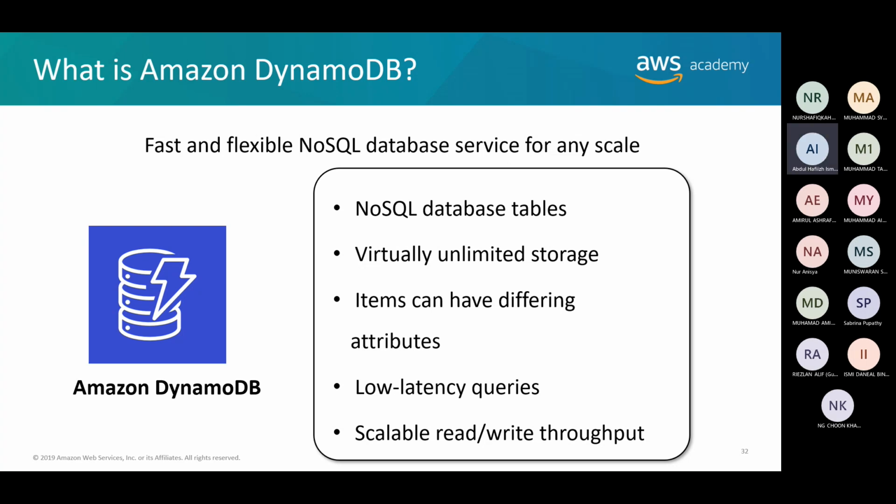Kenapa ini penting? Contohnya, kebanyakan apa yang jadi yang dekat enterprise atau di company is bila kita ada banyak data. Okay, bila kita ada banyak data, kadang-kadang kalau kita yang sendiri yang manage, especially relational RDS, conventional RDS, kita kena provide sendiri.